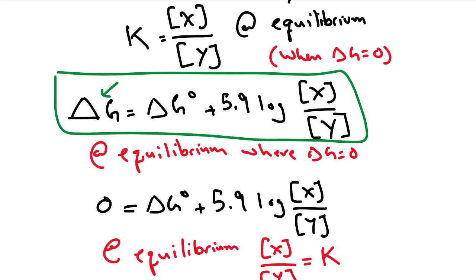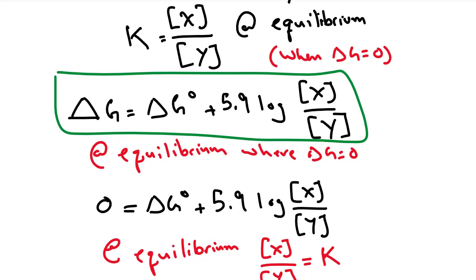If you know your equilibrium constant, then how do you figure out delta G standard? You set delta G to 0, you plug in your equilibrium constant for x over y, then you solve for delta G standard, like I think we did below. But the main thing is that delta G tells you the direction that the reaction, whether it's a physical reaction or a chemical reaction, favors at the moment, based on what the concentrations of reactant and product are.